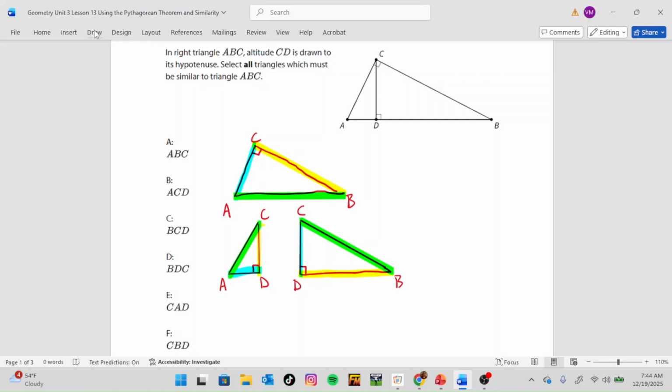So now we're going to figure out how we'd name these. So remember, the original was named A, B, C. So we start out with A in the original, and that is the corner where blue and green meet.